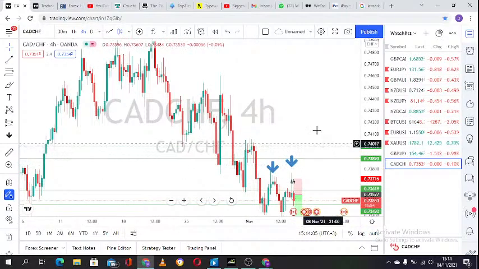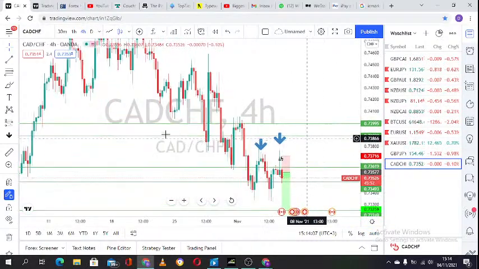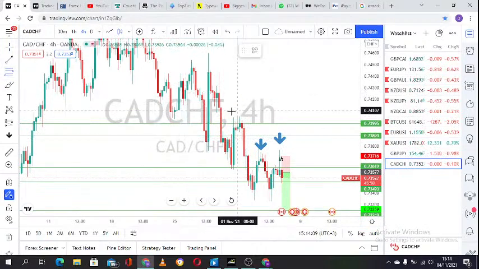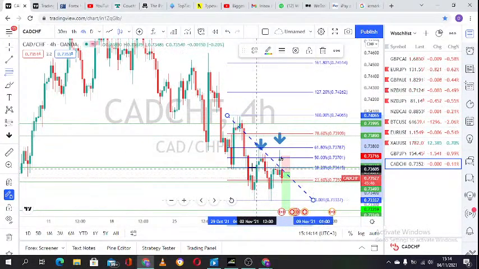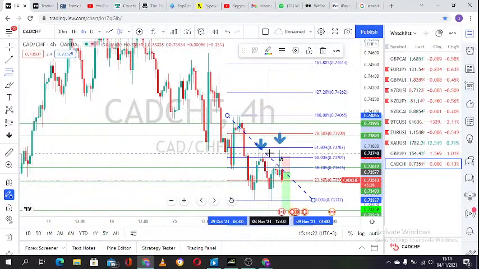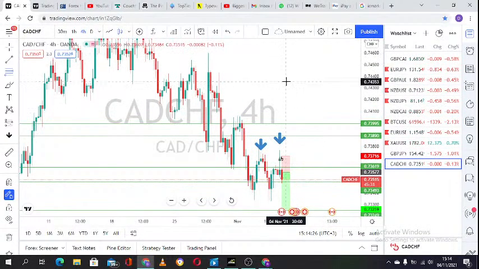From this previous high up here, if we pull our fib from swing high to swing low, this is a clear 38.2 exhaustion. The previous exhaustion was at 50%, meaning this trend is still very much bearish. It's a strong bearish trend.